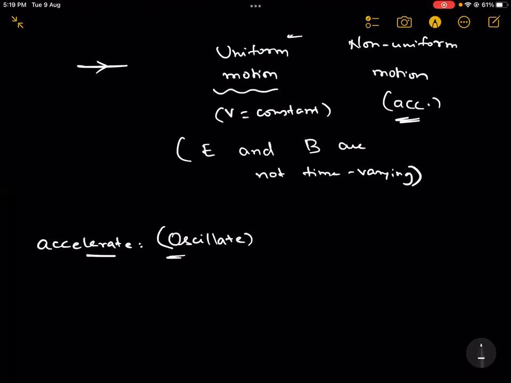Subrajit, what is the acceleration possessed by a particle in oscillation? A is equal to minus omega square X. Do you remember this?